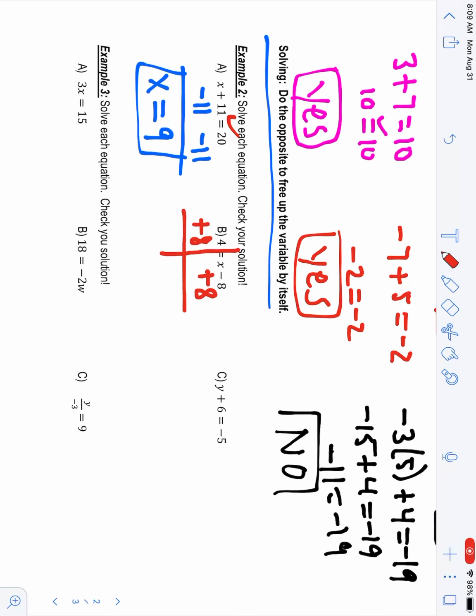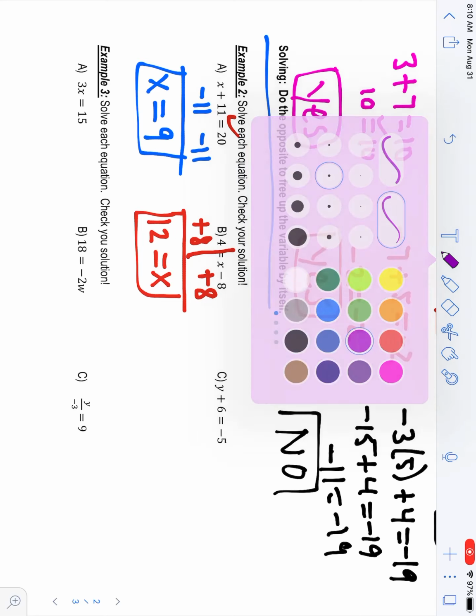That's going to tell me that the 8s cancel there. x equals 8 plus 4, which is 12. So, again, do whichever way helps you the best.